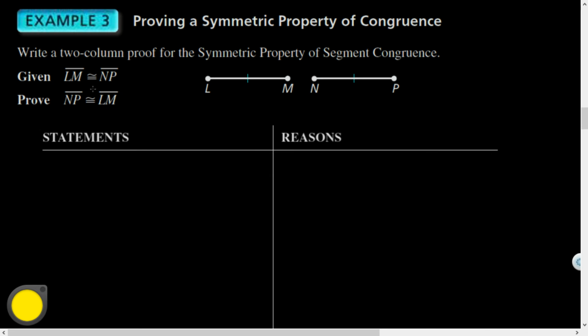I'm trying to prove that NP is congruent to LM. Where's a good place to start for our proof, friends? Probably with the given information. So I'm going to start with LM is congruent to NP. The reason: given.